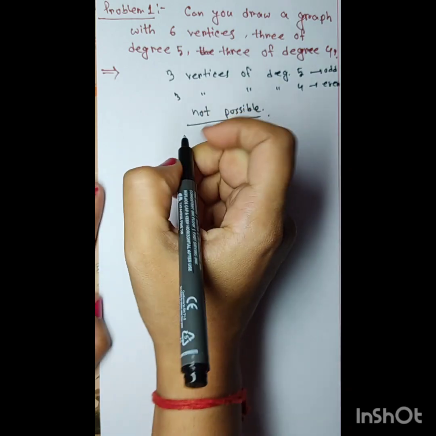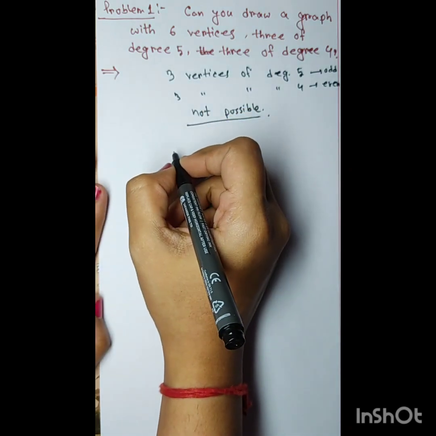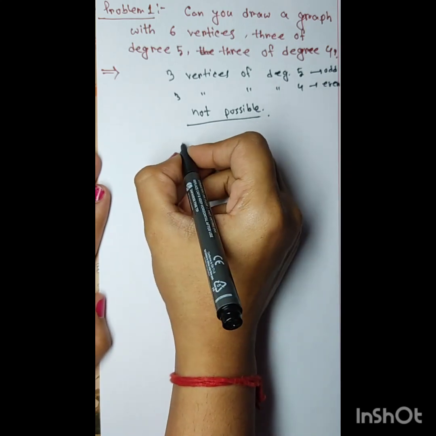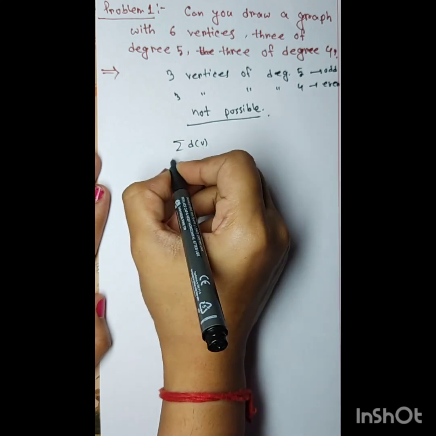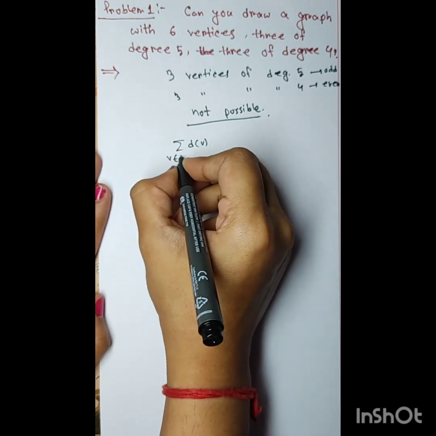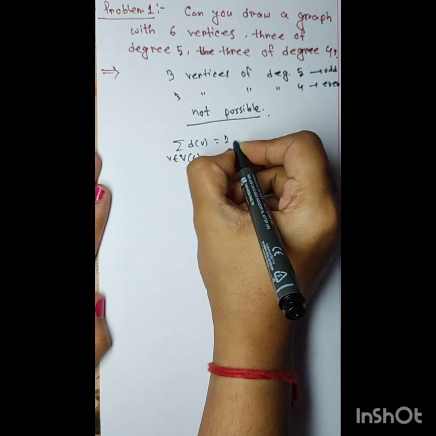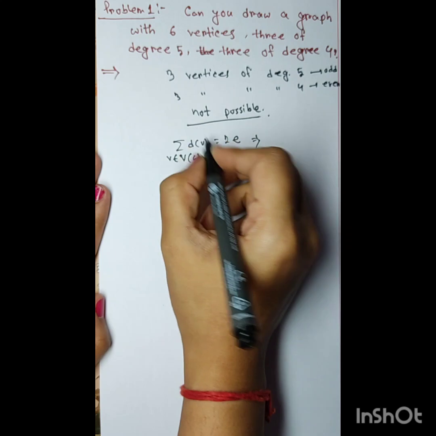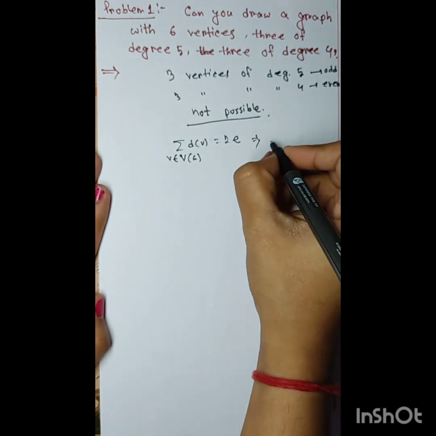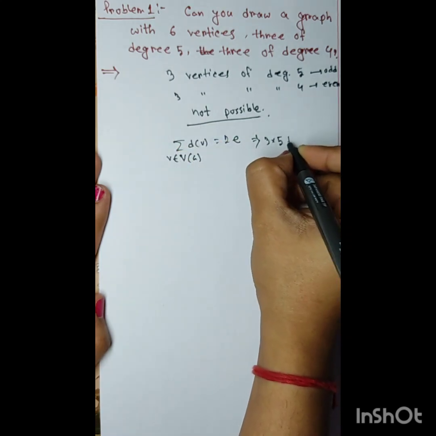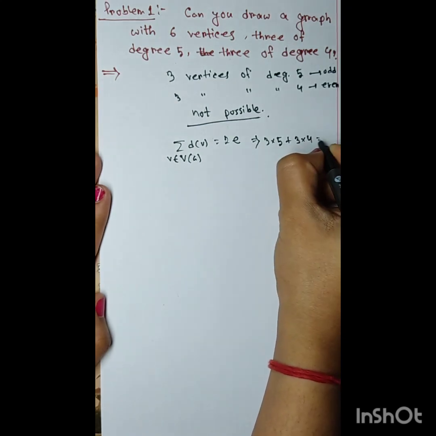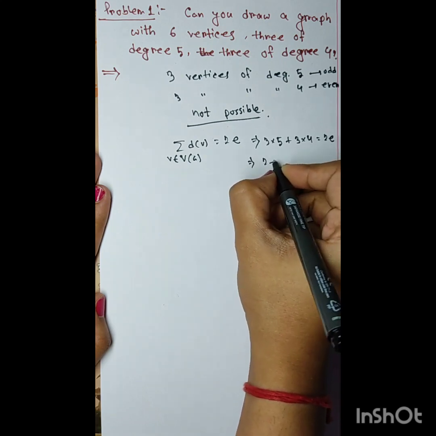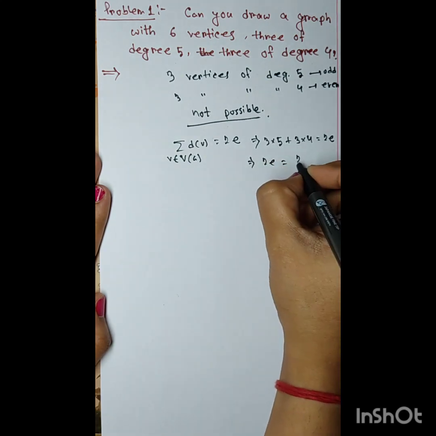The first theorem gives us that the sum of degrees of all the vertices of the graph G is twice E. Here the sum is 3 into 5 plus 3 into 4, equal to twice E. So twice E is equal to 15 plus 12, so 27.